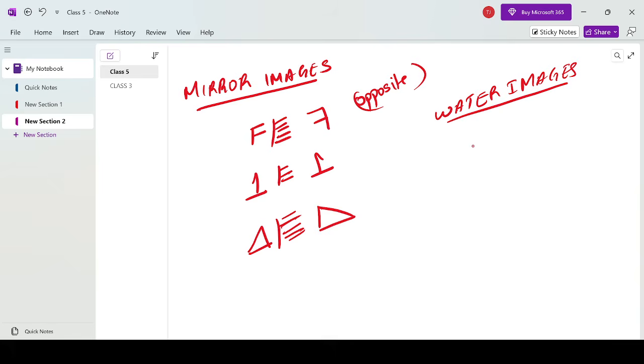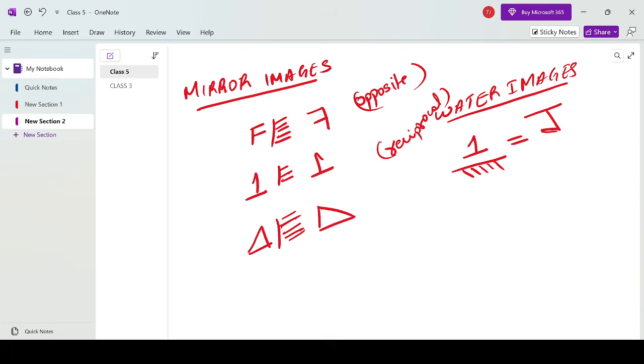For example, if there is a 1 in water, you will see it like this, meaning it is reciprocal, upside down. It is not opposite sideways: if the sign is on the left side, in the reciprocal it will remain on the left side.